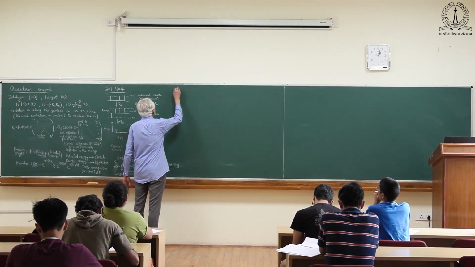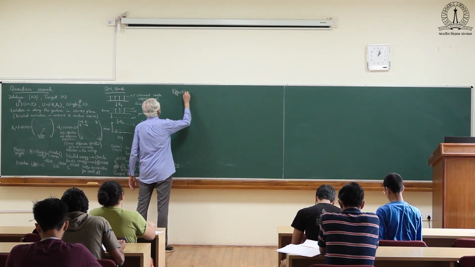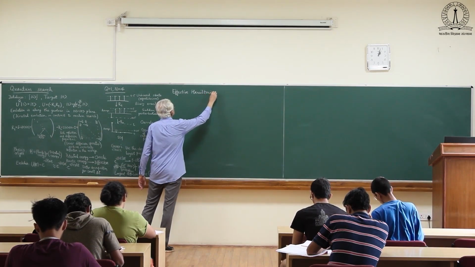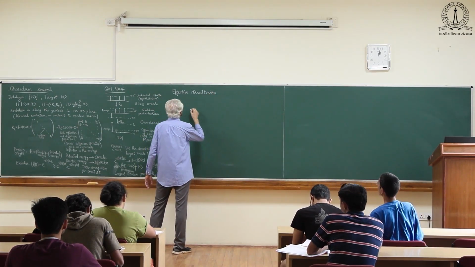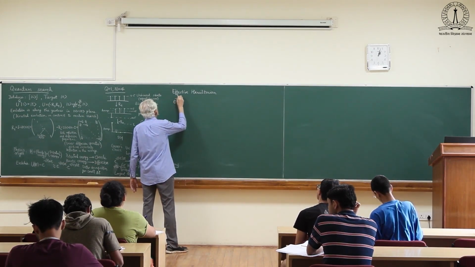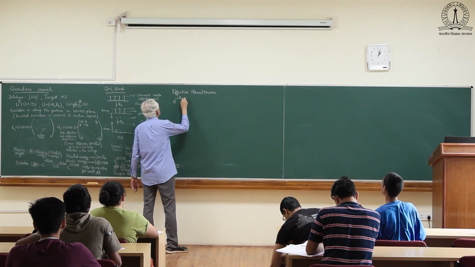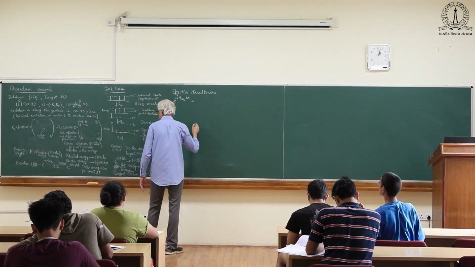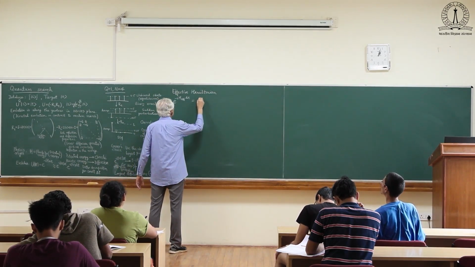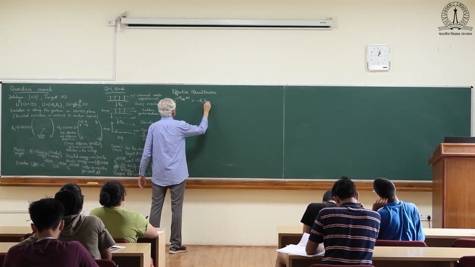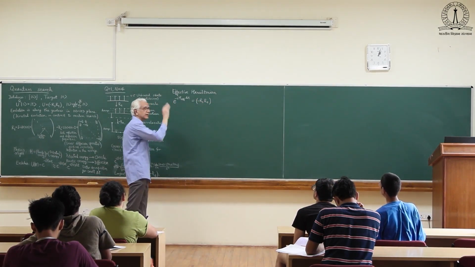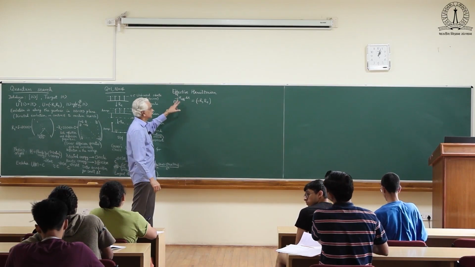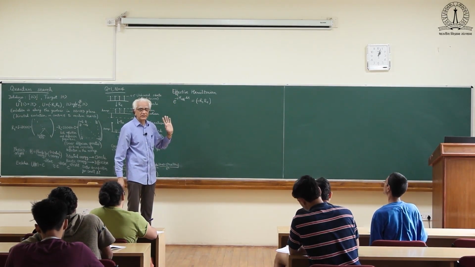So the effective Hamiltonian can be just defined as e raised to minus I H effective times delta t is equal to the operator which we have chosen, minus Rs Rt. Let's just define it. Because these are unitary operators and this is also some unitary object.